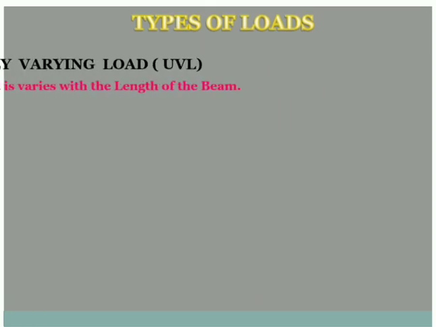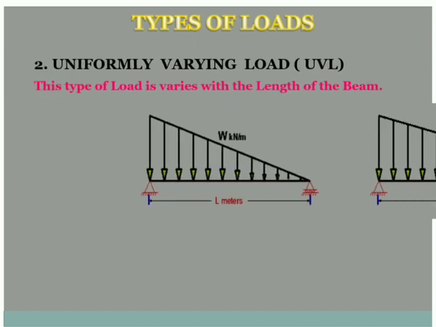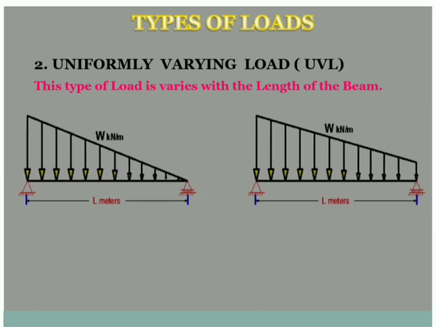Now let us go to the next type of loading, which is a bit tricky. This type of loading we term as UVL, or uniformly varying load. As per the definition, this type of load is the one which varies along the length. UDL was constant throughout the length, whereas UVL will vary over the given span.